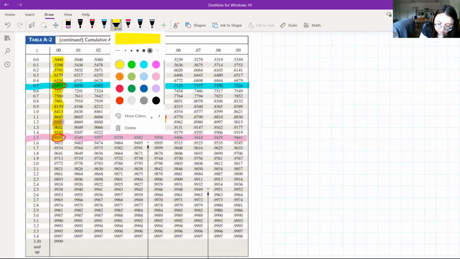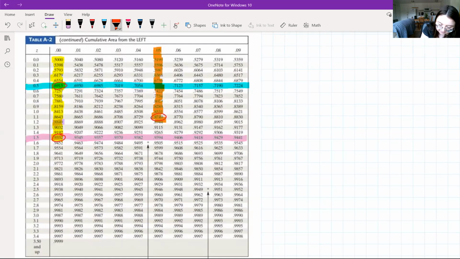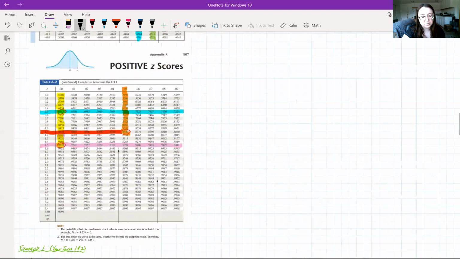I'm going to stop there because it's circled, and I'm pretty sure it would just make it so we can't see it. So we see here, this corresponds to the row of 1.1 and the column of 0.05. This means that it has a value of 1.15, which is 0.8749, which you know is really close to 0.875.